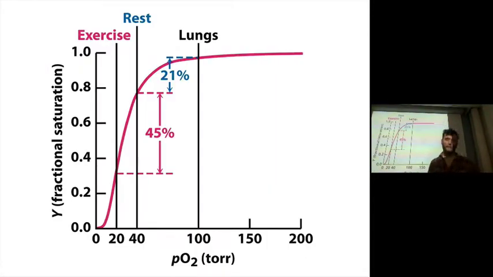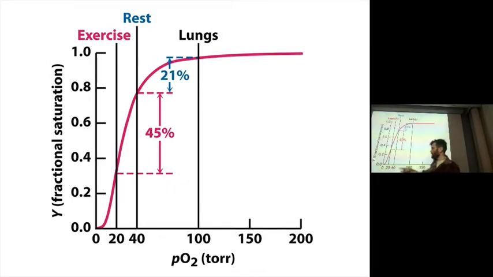Here we go. So here we are at 40 millimeters of mercury. And here we are at the lungs. About 21% of the oxygen carrying capacity of hemoglobin is being offloaded at any one given time. All right?